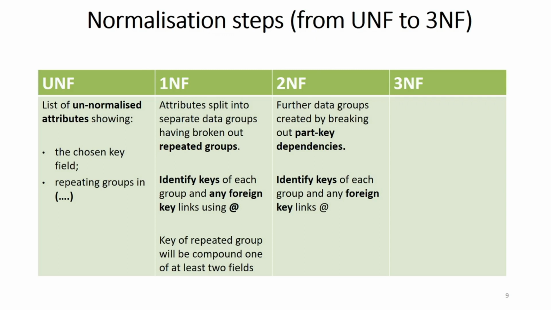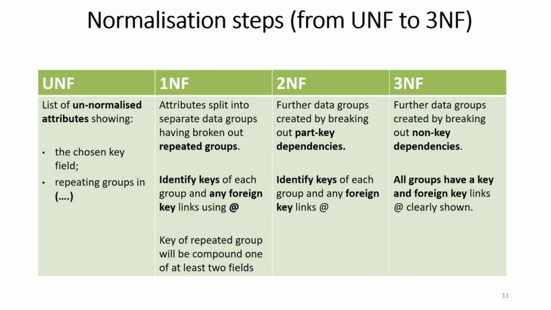It means we're checking the dependency of non-key attributes on every part of the primary key. Okay? That's why we call it part key dependency. And then again, for the new group, we choose the keys and foreign key, and after that, again, use a new rule to split the resulting form into a new one. What is this rule?